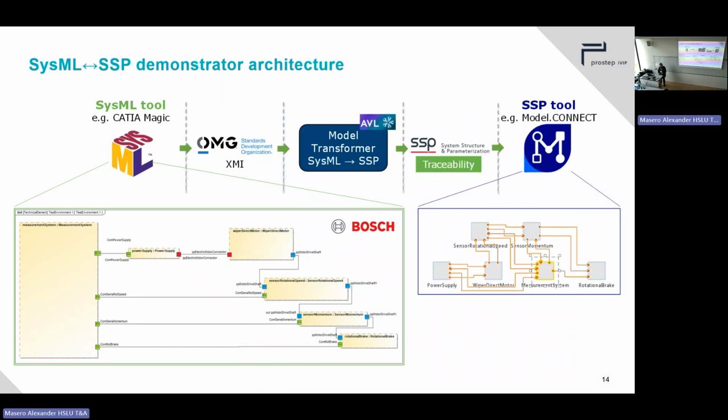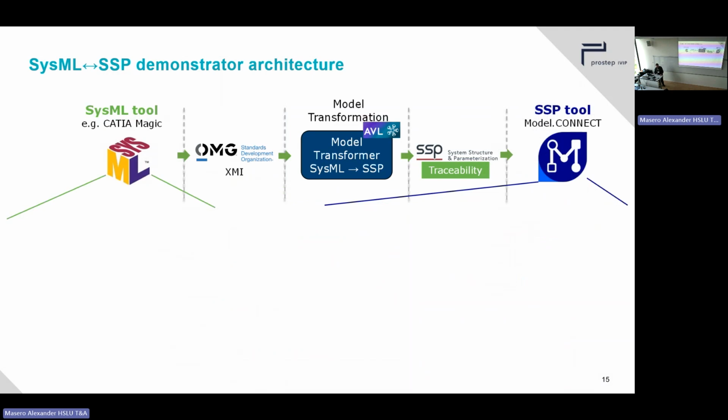I mentioned it's quite simple and based on rules, so there's no fancy AI stuff involved yet. It's based on a mapping table that maps system information objects from SysML to information objects in the SSP standard. So this is the basic idea. And since we are now using SSP traceability, we can cram a lot more information that's already available in your system architecture model into this simulation package for a simulation engineer to consume.